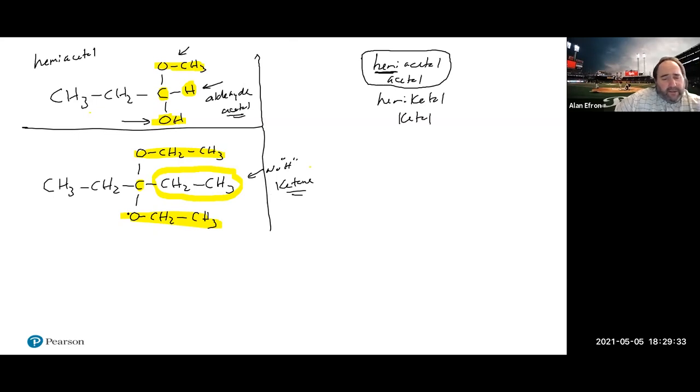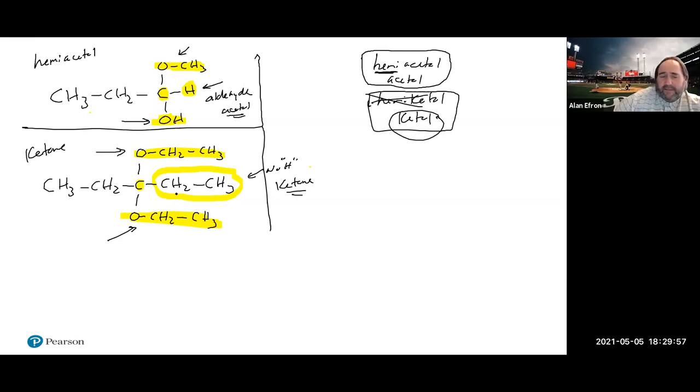And when we look around, we don't see any OHs. By the way, since it is a ketone, it means one of these guys. We don't see any OHs, which eliminates this guy, which means we've added really two alcohols here, and this guy would be a ketal. Any questions on that?